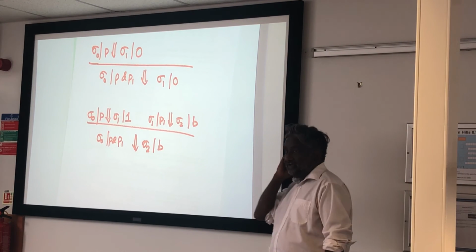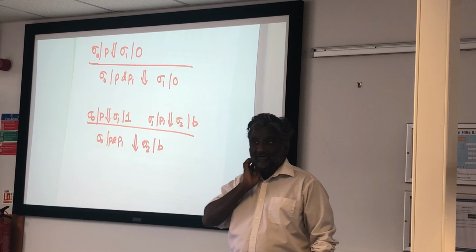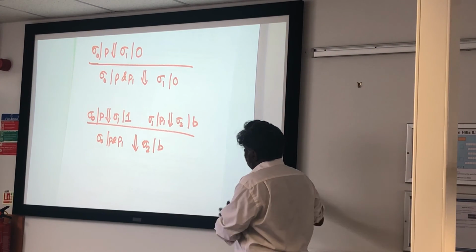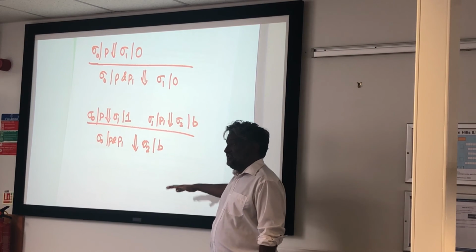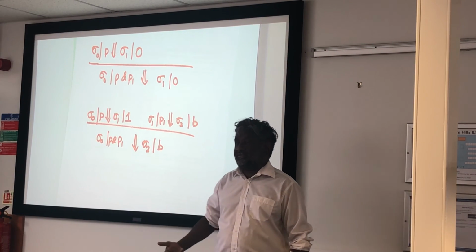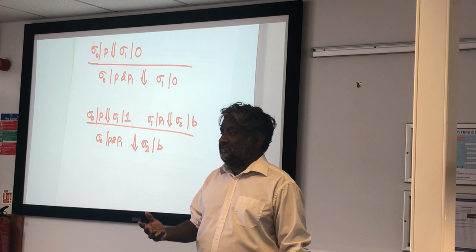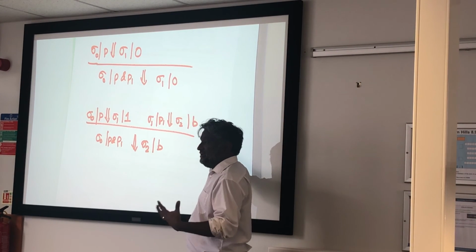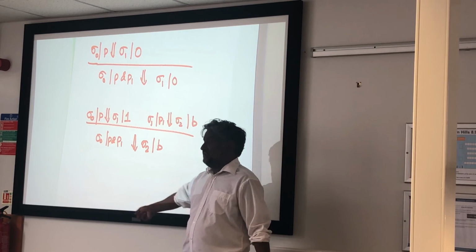Okay, so that's most of what I want to tell you about. The main thing I want to tell you, stepping back a moment, is that there are a lot of these rules now. They're on the web page. You should be able to look through them, and you should be able to understand what's going on. You need to be able to read rules like this and understand what they mean intuitively. If you like, go back to the English language.